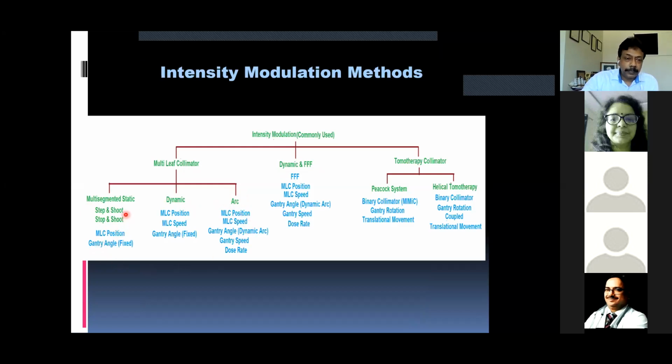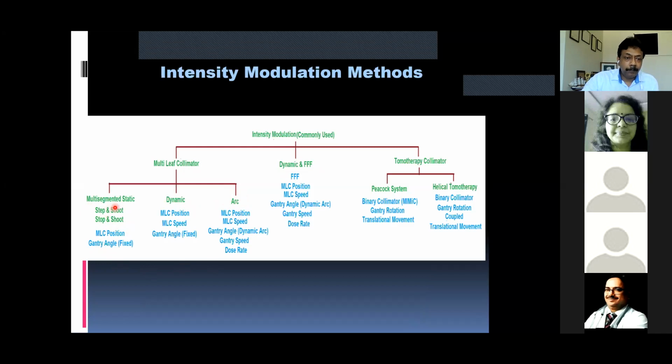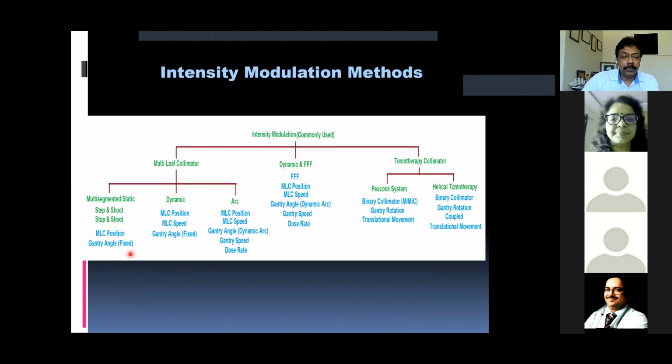In static multi-segmented IMRT, MLC positions and gantry angles are variables. In dynamic, MLC positions, MLC speed and gantry angle are variable. But in intensity modulated arc therapy, that means VMAT or RapidArc in Varian setup, you have various factors which are variables, like MLC positions, MLC leaves, gantry angles, that is dynamic arc, gantry speed, and dose rate.